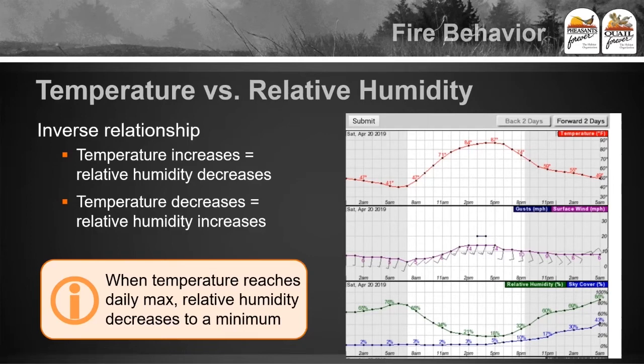We use that to our advantage because we can predict that, since the warmest part of the day is usually late afternoon when the sun is the highest. So we can use that to gauge what our conditions are going to be. In this case, this would be a great burn day if you got the fire done by 1 or 2 o'clock in the afternoon when the humidity was still above 20%. But once that afternoon hit, it's going to be a pretty volatile day.